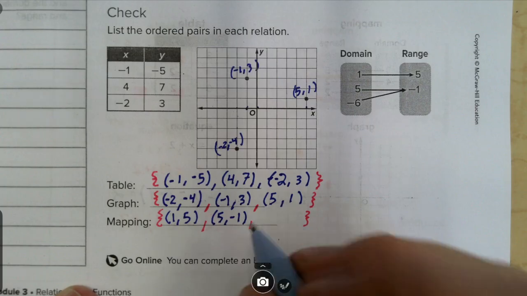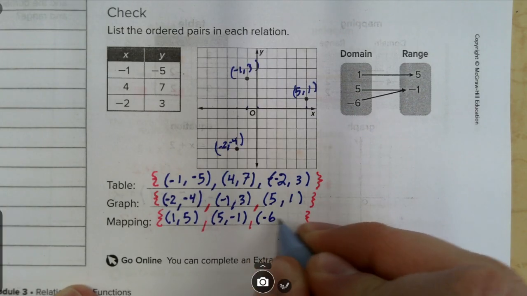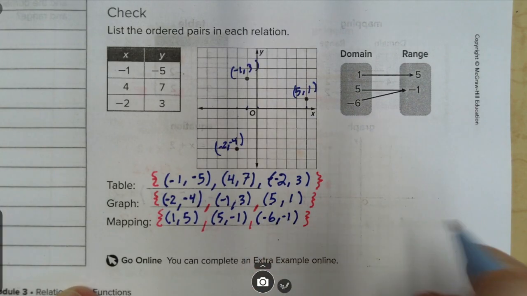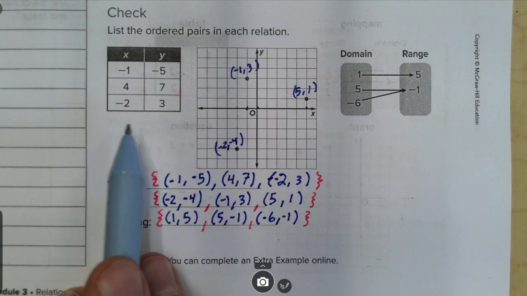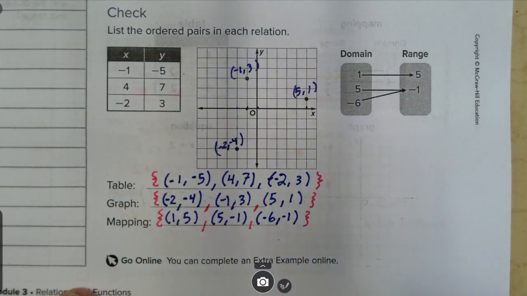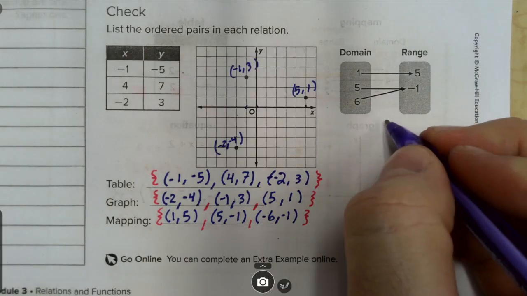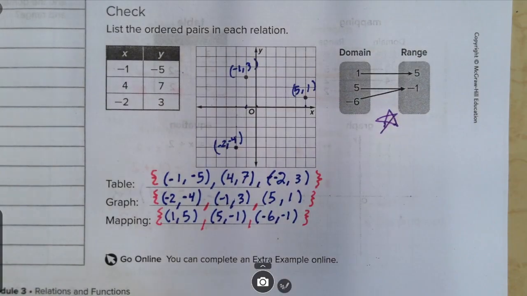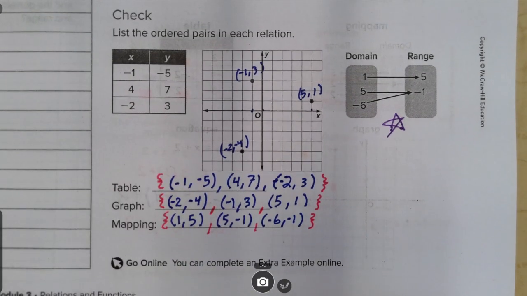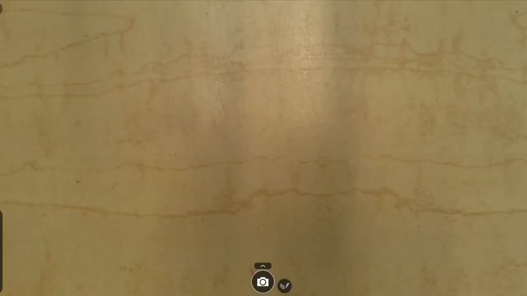And -6 goes to -1. Again, notice we have a situation where the range is smaller than the domain. Remember, that comes up later. This is something special when the range is smaller than the domain. All right, let's move on.